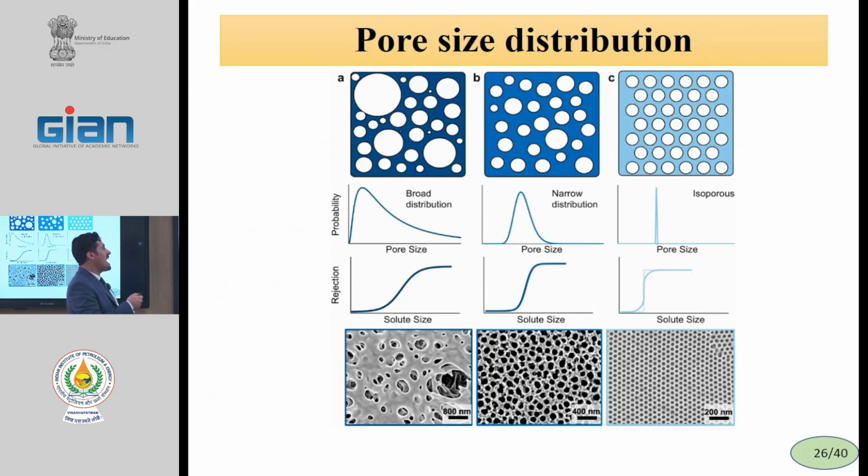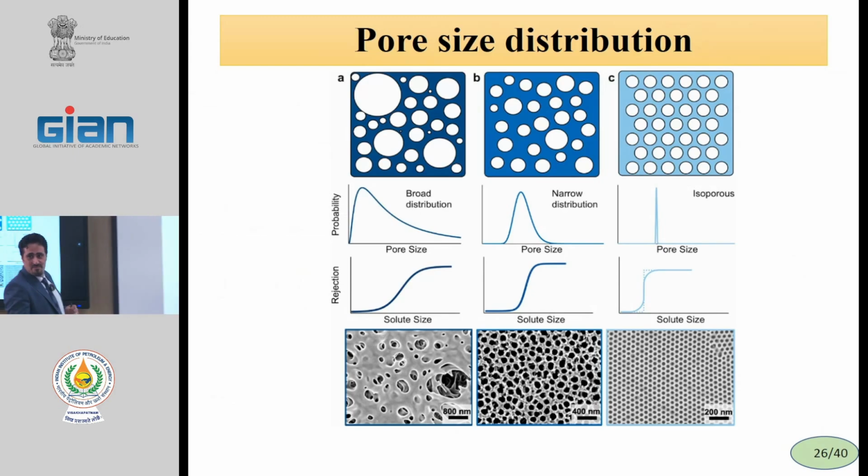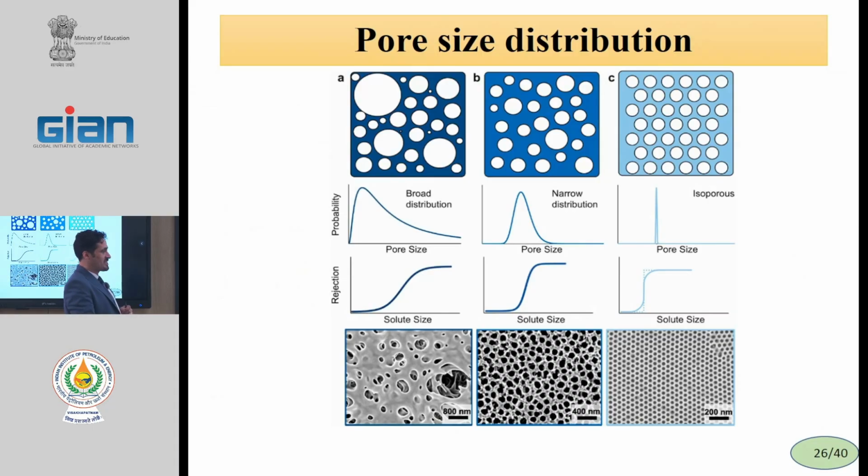If we can fabricate this membrane, it is very interesting. If we fabricate this membrane, we can publish in journals with impact factor 30, because it is very important: we have a unique pore size that is isoporous. But if we can prepare a narrow membrane, that is also good.